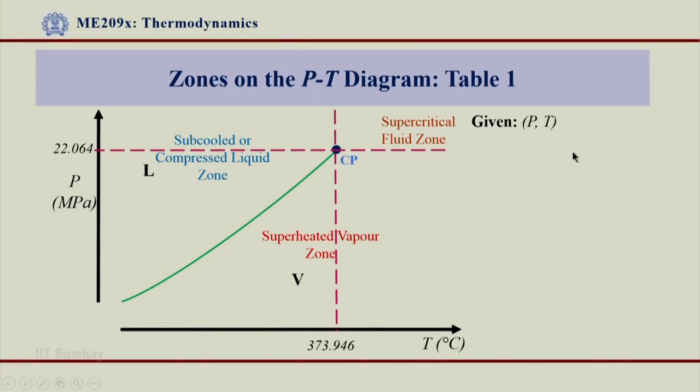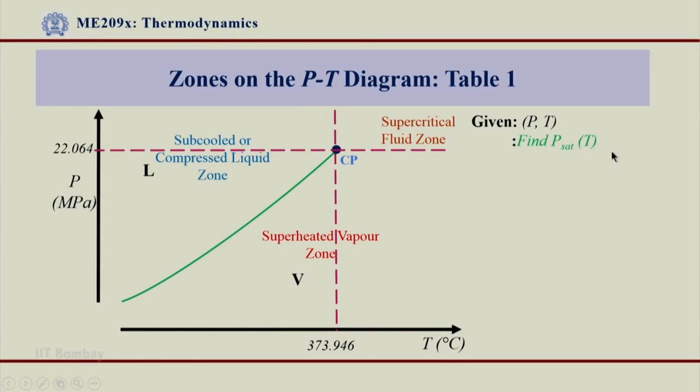If we take temperature as a reference, because we are using table 1, corresponding to this temperature I will be able to find out Psat(T). So, the first step is to find Psat(T) for that given temperature.